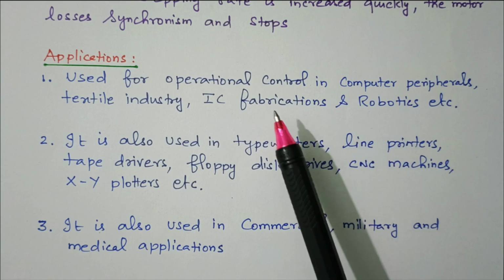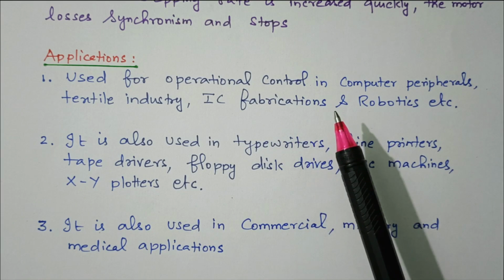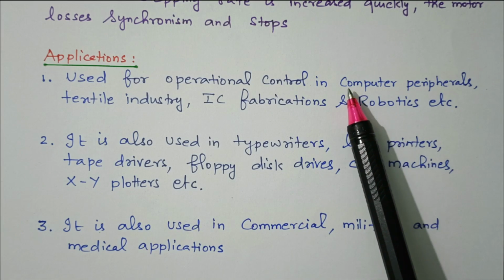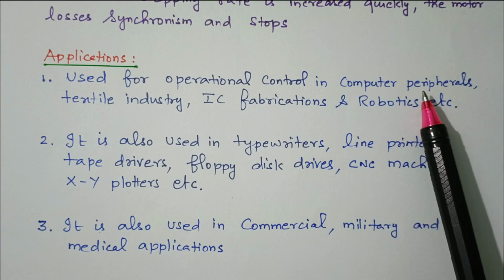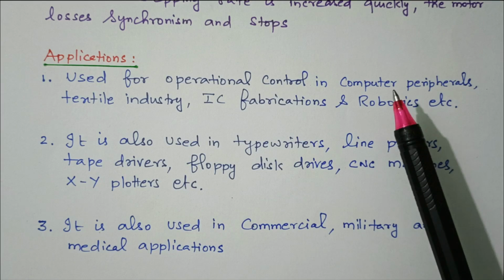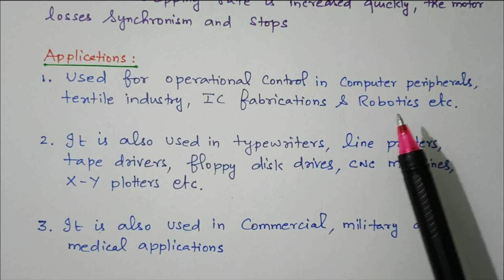Similarly, while printing one line, each letter needs to move by a particular angle. So for printing the line also, we need the stepping angle. After completing one line, we go to the next line, and there also one stepping angle is needed.